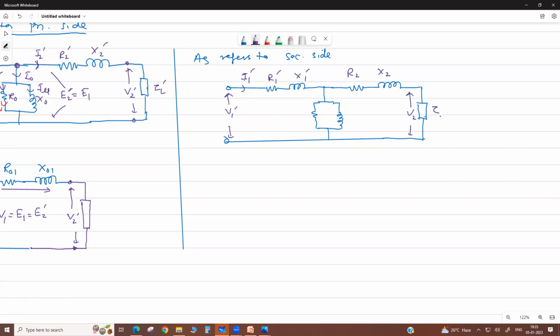Here it is ZL, the load impedance, with power factor cos phi 2. This is your I2, the load current, and here it is I2, not I2', just I2. Now this is your I0'. This is R0', X0', because this also we transfer from the primary side.